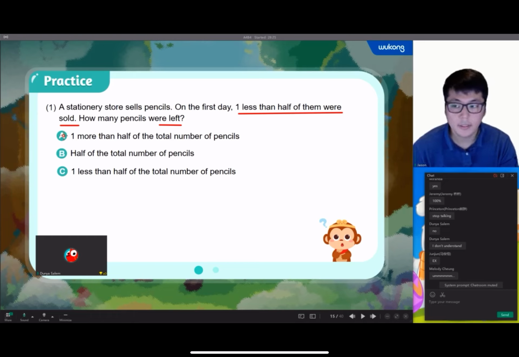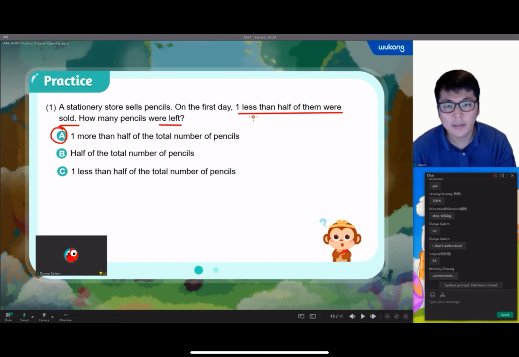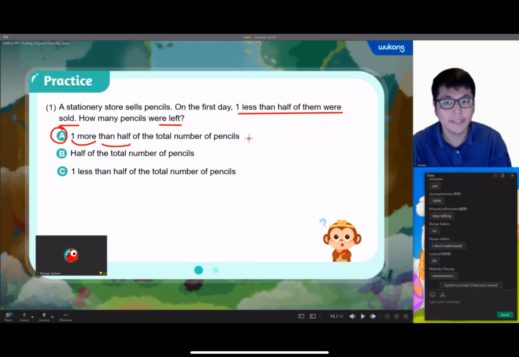A. It's A. 1 less than half were sold. The opposite of 1 less is 1 more. Then half will be left. Do you understand a little bit?